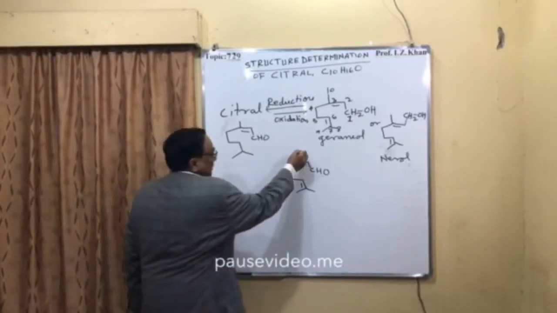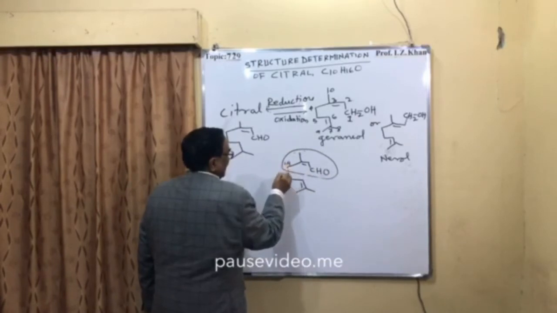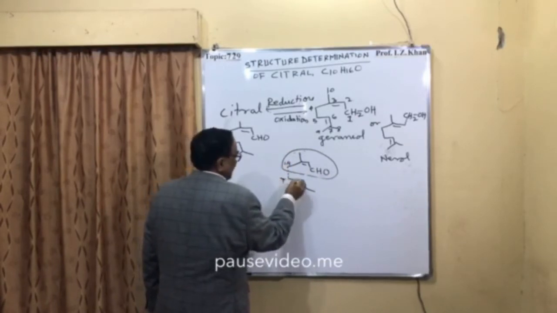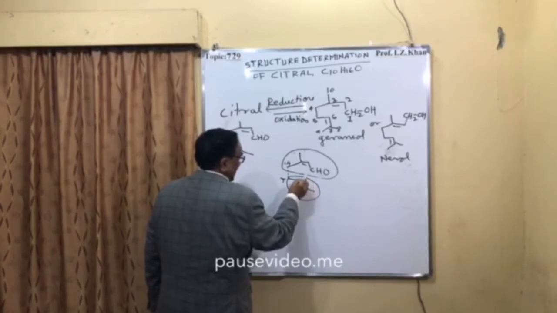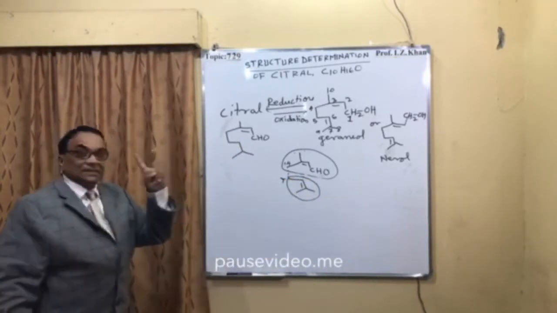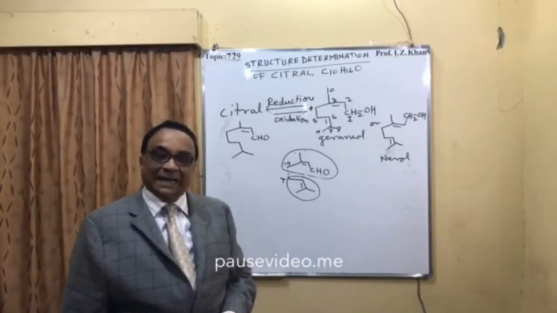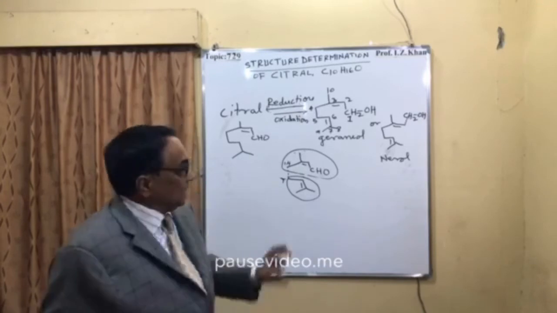So one isoprene is this one, it is head and it is tail, and the other isoprene unit is this one. So it is acyclic, and since it is made up of 2 isoprene units, it is called a monoterpene acyclic terpene.